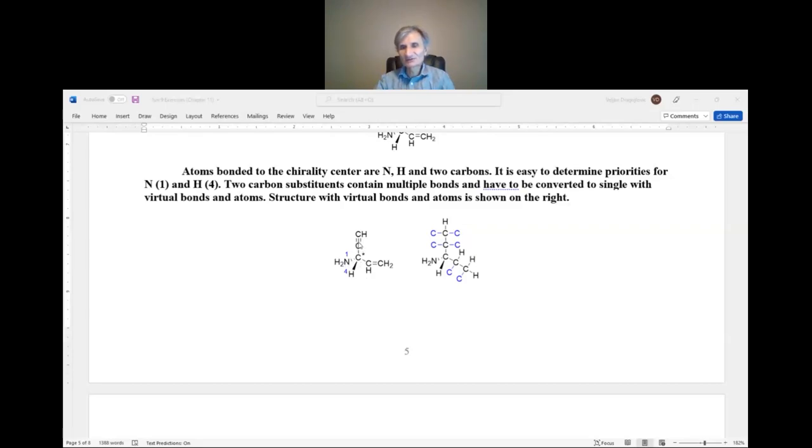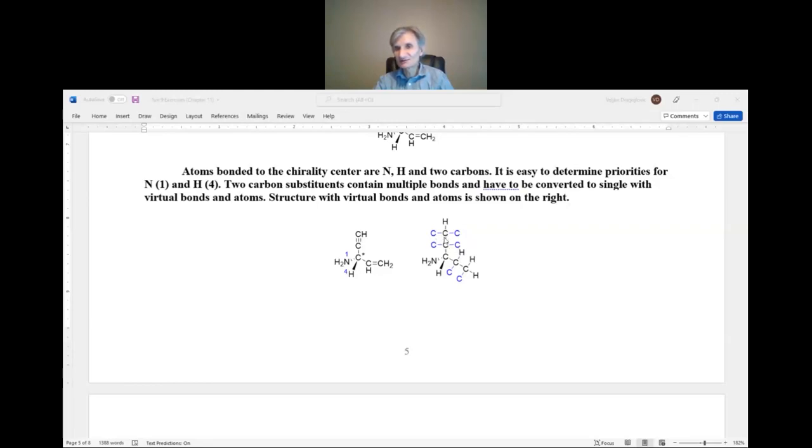Now we have two carbons of the same priority, and we have carbon-carbon triple and double bond. We have to figure out which substituent has higher priority, so you need to add virtual atoms. Since these are carbon-carbon multiple bonds, all the virtual atoms will be carbons. So for triple bond, we are converting carbon-carbon triple bond, with respect to each carbon atom, to three carbon-carbon single bonds.